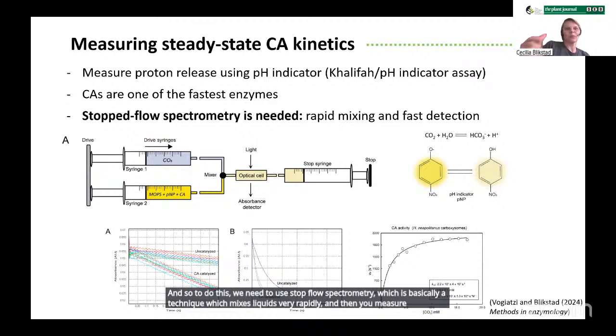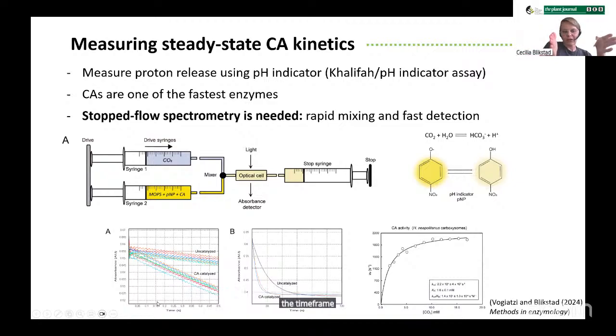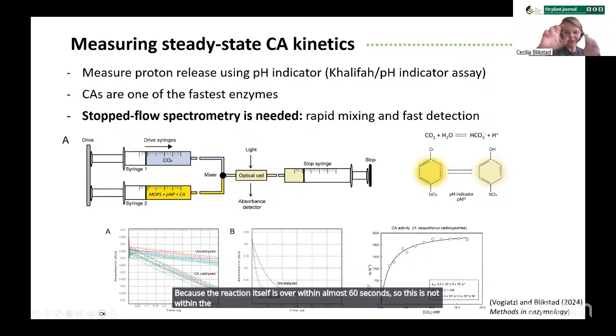So we measure kinetics within the time frame of 0.5 seconds, because the reaction itself is over within almost 60 seconds. So this is not within the time frame where you can mix and invert a cuvette. So we need to use this machine called stopped-flow.